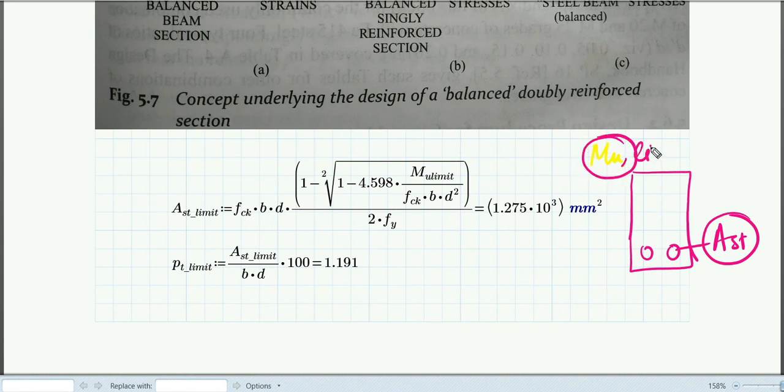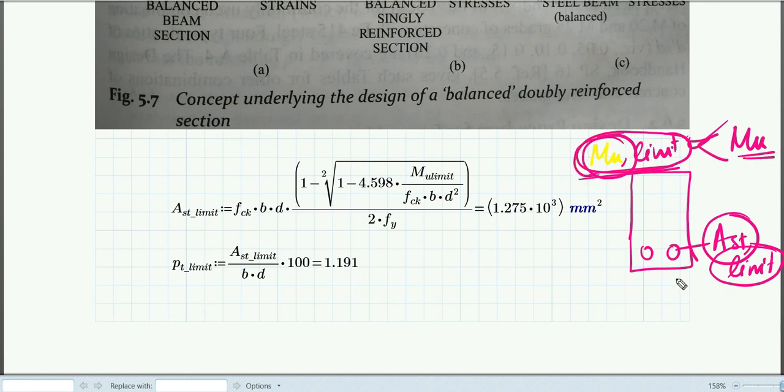Corresponding to MU limit, whatever AST you are going to provide will be called AST limit. You know that MU limit for this problem is less than MU, the applied moment. So corresponding to MU limit we first find out the AST limit, and this AST limit we are going to provide at the bottom.